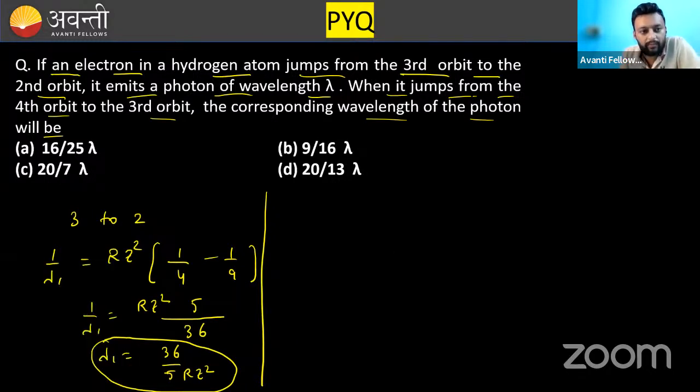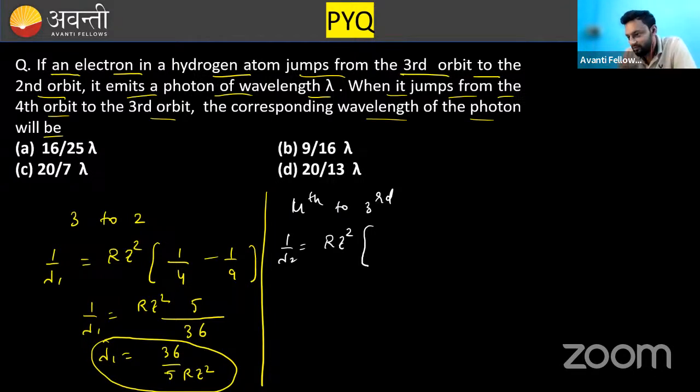The second transition is from fourth to third. Now we can write 1 by lambda 2 is equal to, again, RZ square. Try to solve it in parallel with me, and let's see who will win. Okay. Chichunu is saying C. Very good.